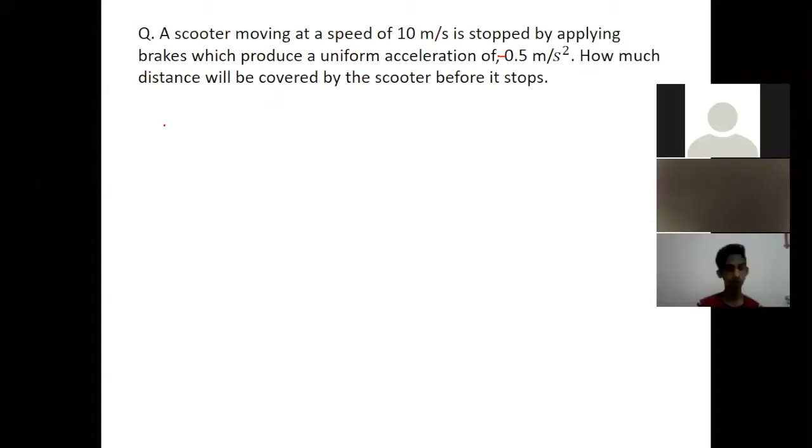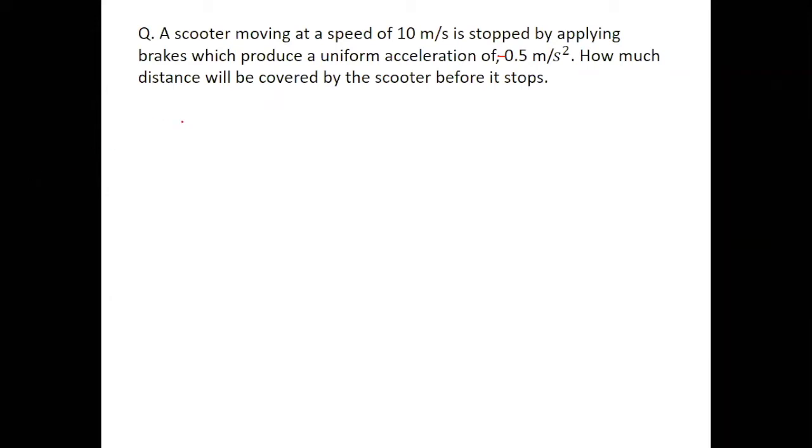Okay. So here initial velocity is u equal to 10 meter per second. Final velocity, since it stops, is 0. Retardation is minus 0.5 meter per second square. And the distance is to be calculated.